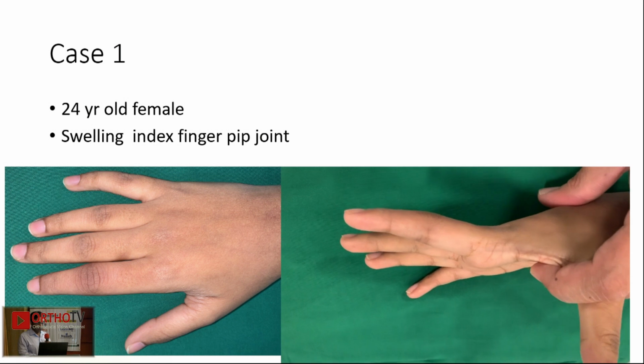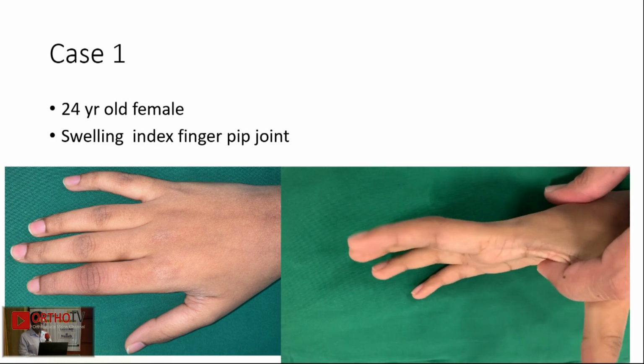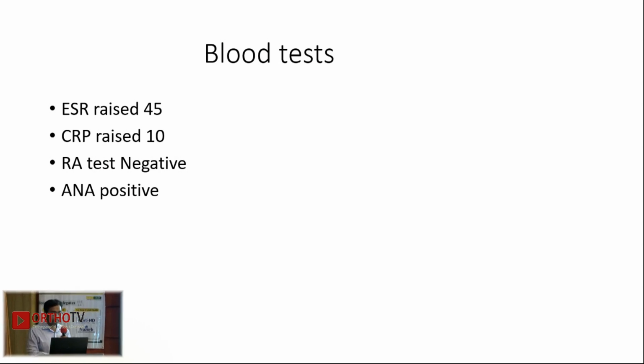On blood tests, ESR is raised, CRP is raised, RA is negative, however ANA is positive. I didn't do the anti-CCP test. Since ANA was positive and there was a subtle problem, I spoke with the rheumatologist. He told me to get a biopsy done because she had significant pain.